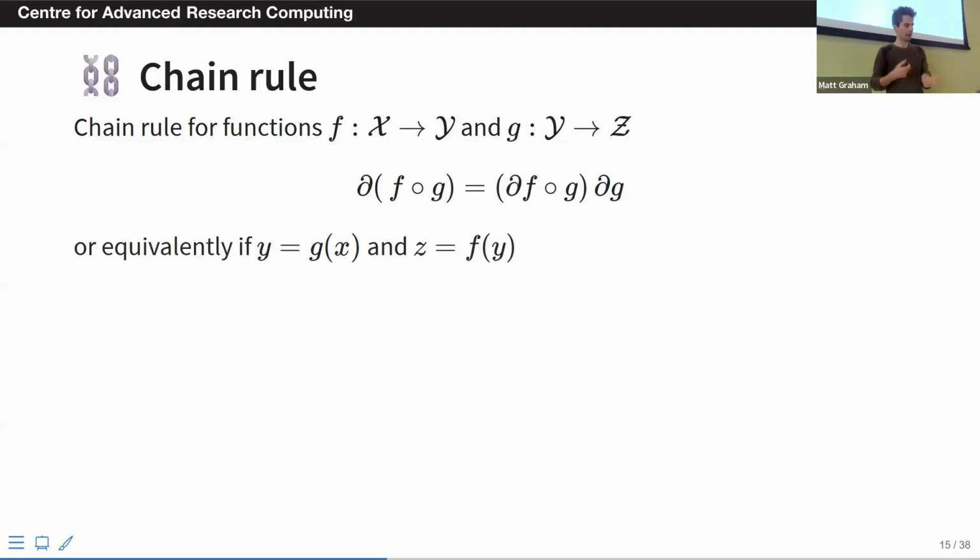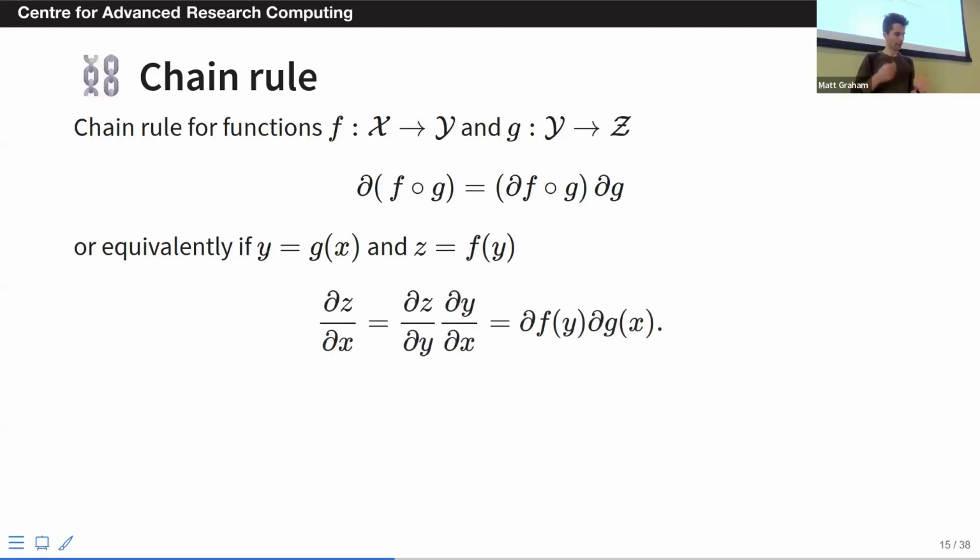Or equivalently, if we define this intermediate variable y as the operation of applying g to x and z as f applied to y, in possibly more familiar Leibniz notation, we have that dz/dx equals dz/dy multiplied by dy/dx, which we can express as this product of these two Jacobians.